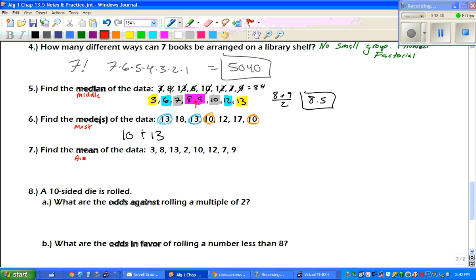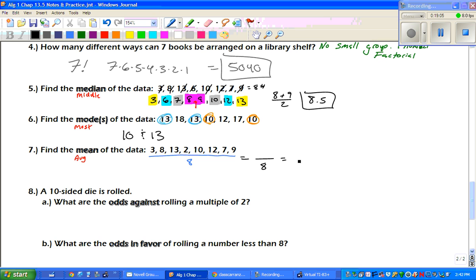And the last one, mean. Mean is the average. You want to add all of those numbers up. After you add all those up, you divide by 1, 2, 3, 4, 5, 6, 7, 8. So add those up and divide by 8.